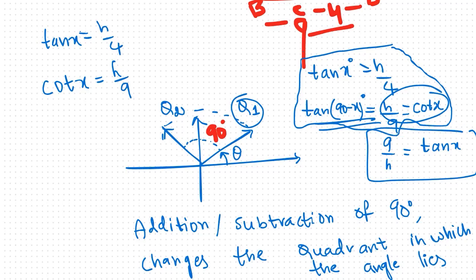I'm directly writing cot x is h by 9. See, how can you convert cot x into tan x?